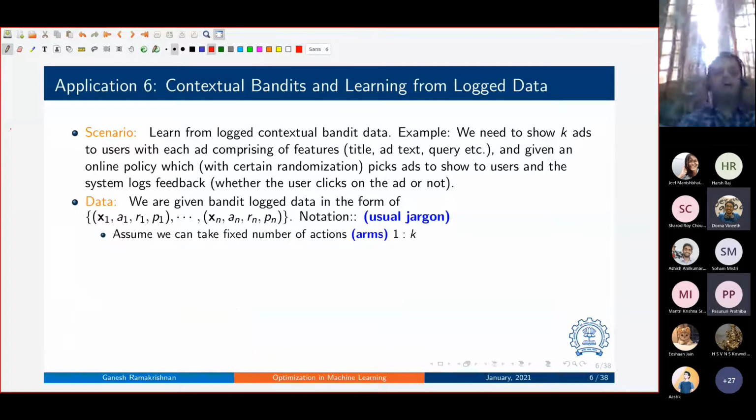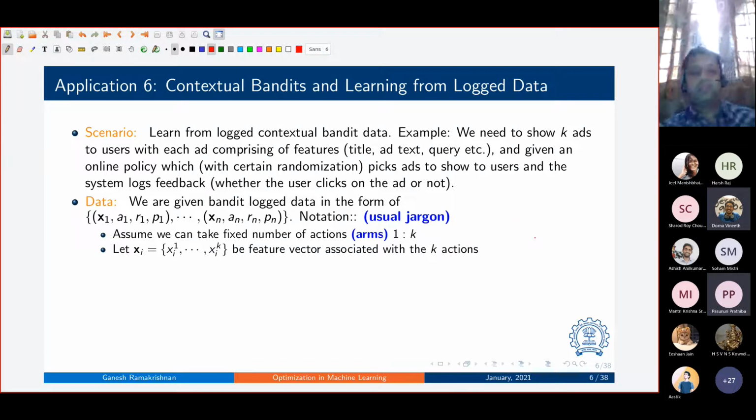Okay, so let's also develop on this. Let's assume that we can take some number of actions. For example, in this case, in the example, we had k equals 2.